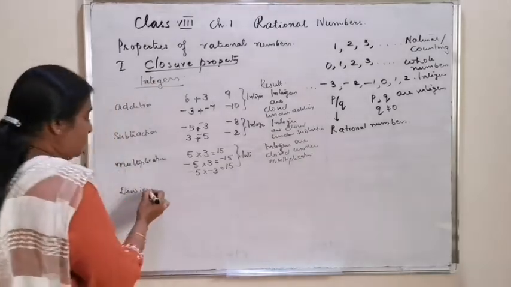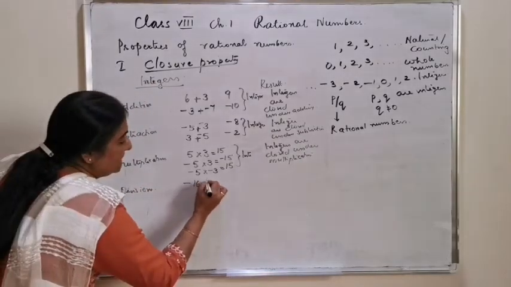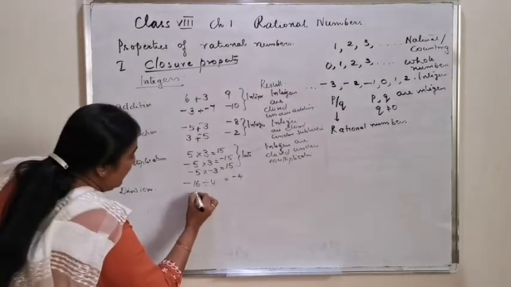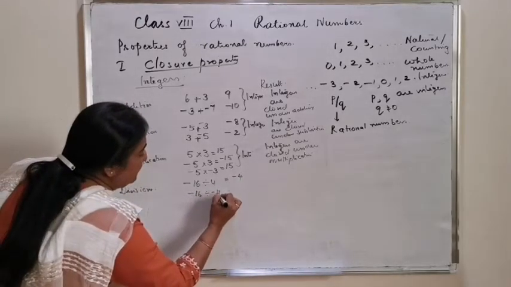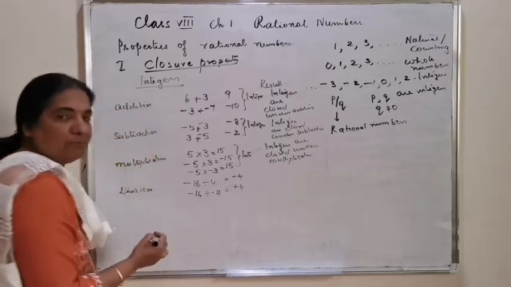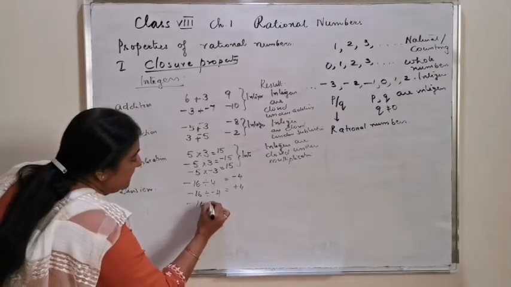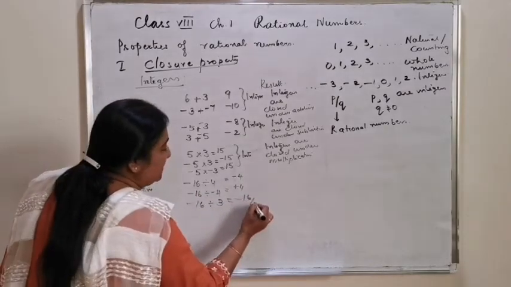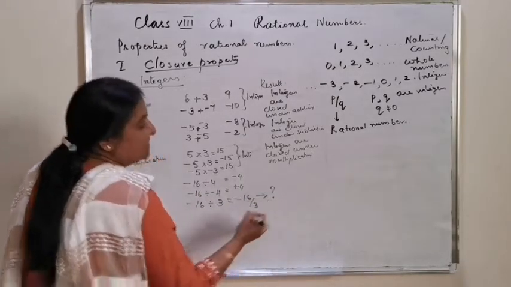Division. Minus 16 divided by 4 is minus 4. Minus 16 divided by minus 4 is equal to positive 4. Minus 16 divided by 3 is minus 16 by 3. Is it an integer?